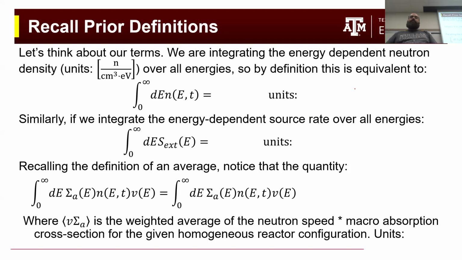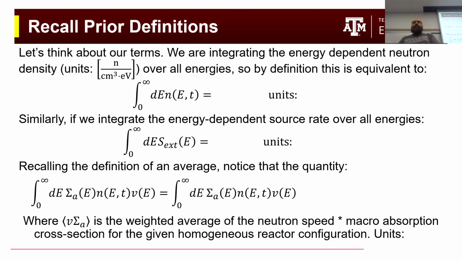Maybe thinking about the units is helpful, because inside of here, this energy dependent flux has units of neutrons per unit volume and per unit energy. And then I'm integrating it out over all energies. So that means that the energy units are going to be gone. Instead of telling me about neutrons per unit volume and per unit energy, it's going to tell me about neutrons per unit volume that have all different energies.